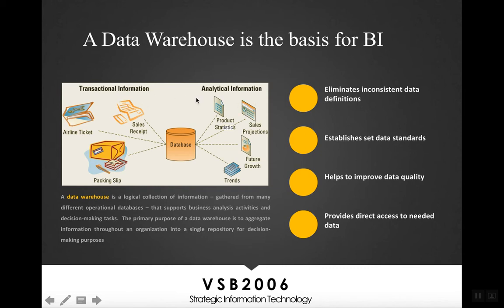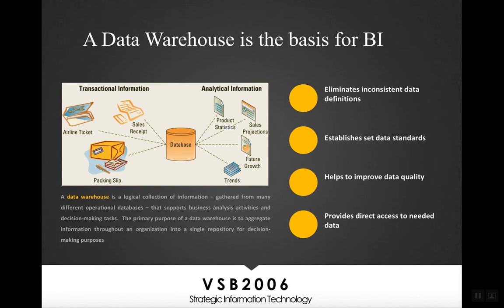Analytical information takes that same transactional data and uses another set of tools to do things like product statistics, sales projections, growth trends, things of that nature. All right. So the primary purpose of the data warehouse is to aggregate information throughout an organization into a single repository for decision-making purposes.